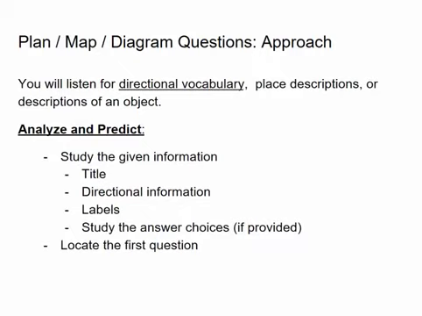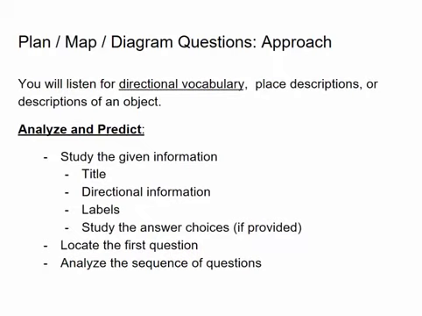Take a close look at the area surrounding that first question to give you clues about what you need to be listening for to get that first answer. Because almost always, the speakers are going to describe something surrounding that first question to get you started. Then the next thing you want to do is notice the sequence of questions on the visual.